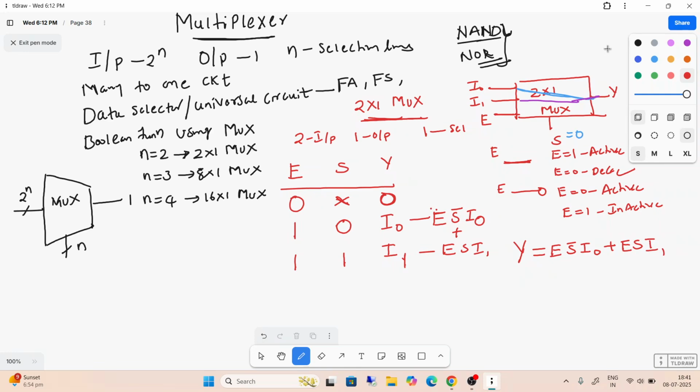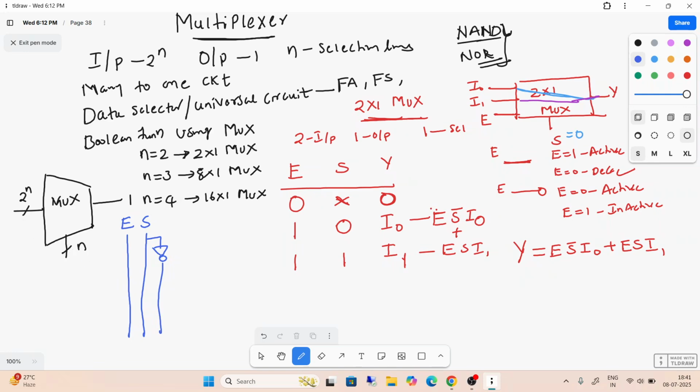Okay, so I can draw the logic diagram. What are the inputs? One is E. First you take a selection line with an inverter. Yes, selection is also an input.